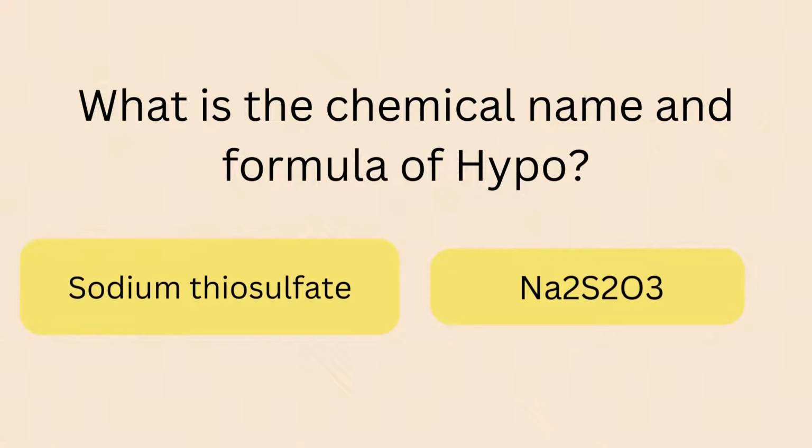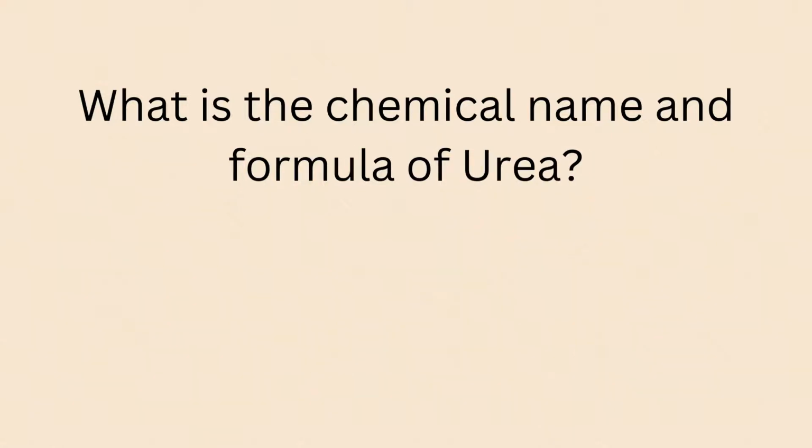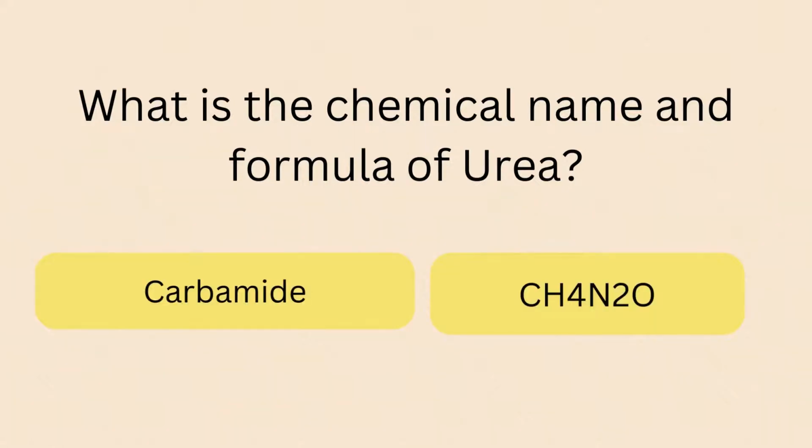Next one. What is the chemical name and formula of urea? Answer. The chemical name of urea is carbamide. And the chemical formula is CH4N2O. Okay, and the chemical formula may also be in this form, NH2CONH2.